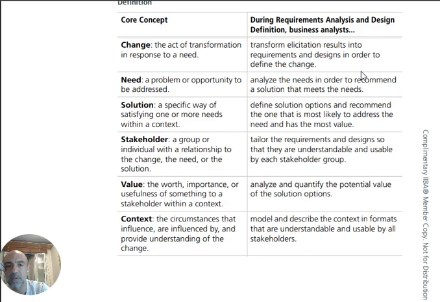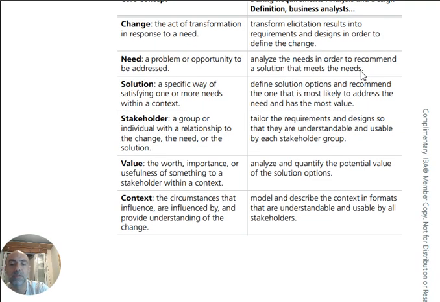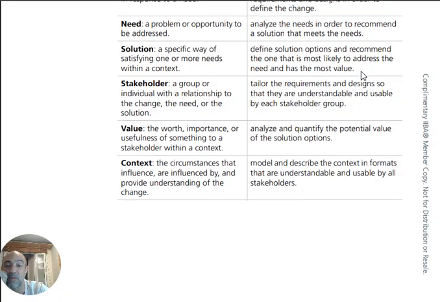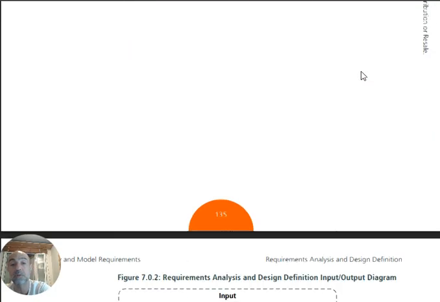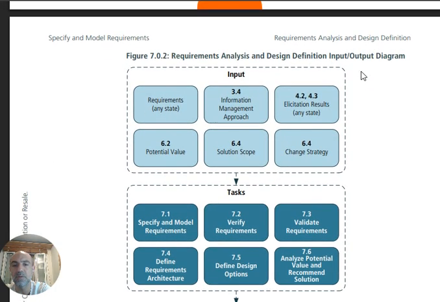When it comes to the solution, you define solution options and recommend the one that most likely addresses the need and has the most value. Stakeholder, tailor the requirements and design to the stakeholder. When it comes to value, analyze and quantify the potential value. When it comes to context, the circumstances that influence everything, we have to model and describe the context in formats that are understandable and usable by all stakeholders. We can't design something that's unusable.